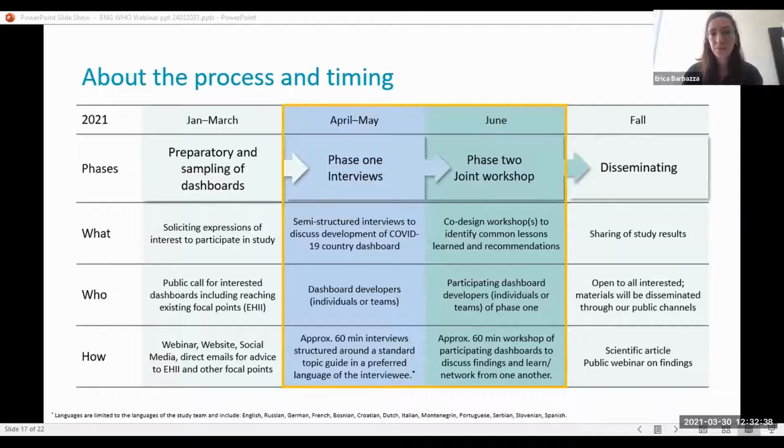In these workshops, we'll be presenting back the findings from our interviews and some initial reflections of key findings, but we really hope to discuss those and co-create recommendations based on the results. And our intention is to disseminate the results back in a similar public webinar in the fall. As well, we expect to prepare the results as a scientific article for publication. Next slide.